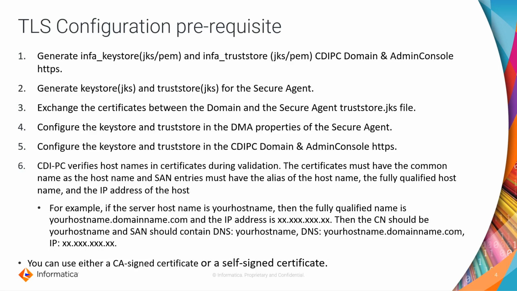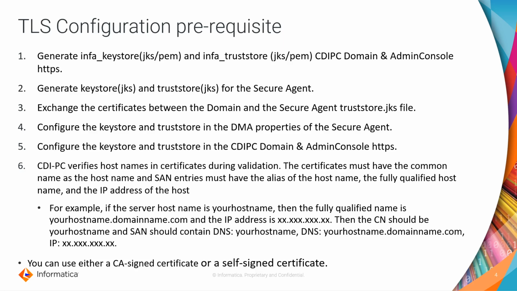The SAN entry must contain the alias name of the host, that is the short name of the host, the fully qualified host name, and, if your security allows, the IP address of the host. Let's take an example. If the server host, either the CDI-PC server host or the secure agent server host, has host name yourhostname, then the fully qualified host name is yourhostname.domainname.com and the IP address is XYZ.